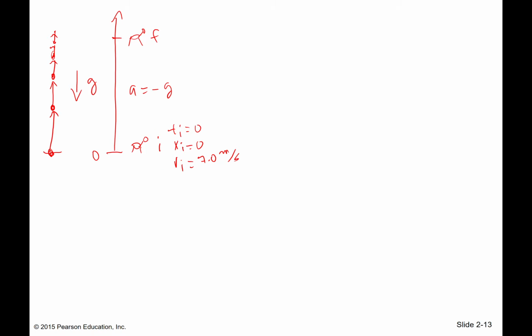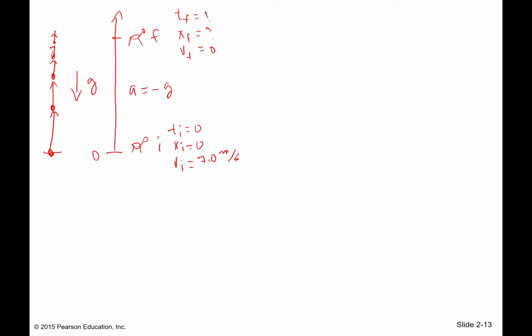For the final values, the final time we don't know, and that's actually what we need to find, the time it takes to reach the maximum height. The final position we don't know. And the final velocity we know: when it reaches the highest point, the velocity is 0.